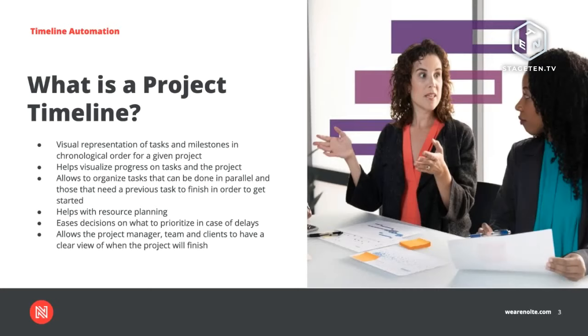So if we see a part of the project that has a lot of tasks that are independent of each other, we can decide to assign more engineers in order to gain time or to recover lost time on the project. It also helps us ease decisions on what to prioritize in case of delays. And it allows the project manager, teams, and clients to have a clear view of when a project will finish.